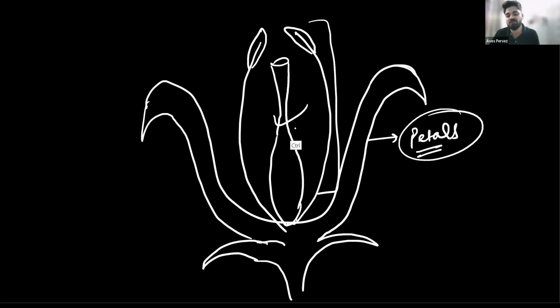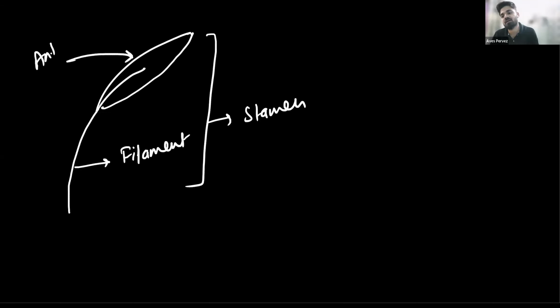The reproductive organs of the flower are these. Together we call it the stamen. This part is called the filament, and this part is called the anther.